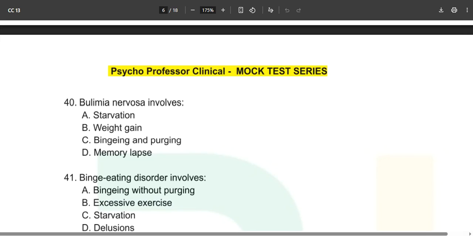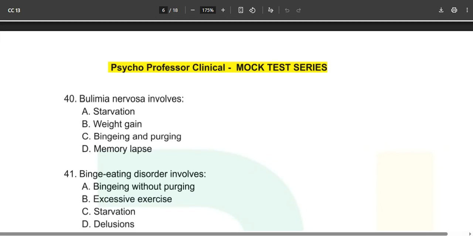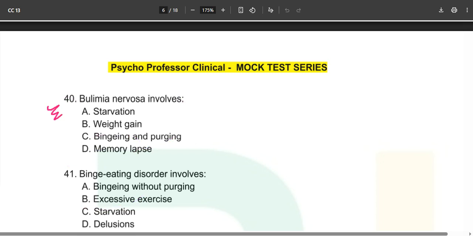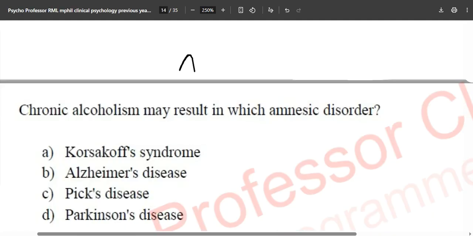Binge eating disorder involves binging without purging, excessive exercise, starvation and delusions. So you have to practice the CC series or the CNF 7000, whatever you have, to do the basic questions first of all, so that you will be able to easily figure out what is happening in the real-time examination, and answer questions quickly without wasting any single second of your precious life.